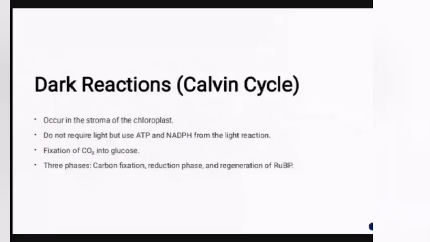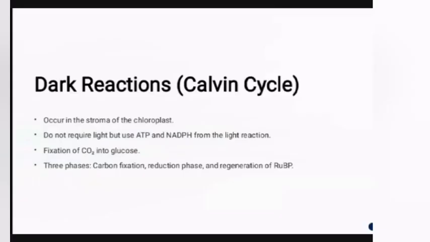Let me come again. The light reaction, remember, produces three things: ATP, NADPH, and finally what? Oxygen. Now, oxygen is given off from the plants, and then we human beings and other animals utilize that oxygen. Now, ATP and NADPH remaining are what? Being pushed to the stroma.